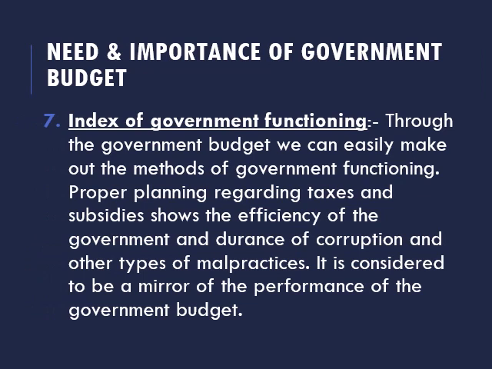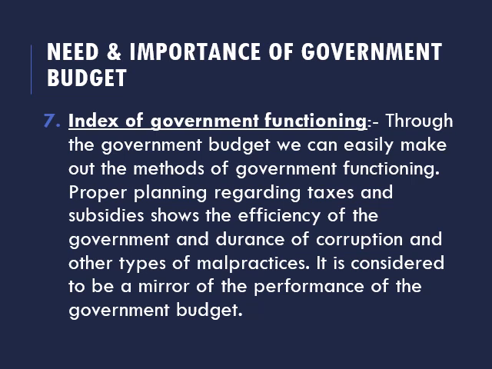Then index of government functioning. It is going to reflect the functioning. This budget reflects the functioning of the current government, whether they have achieved certain goals which they planned in the last budget, how much they have achieved, how much is left, every detail they will talk about.